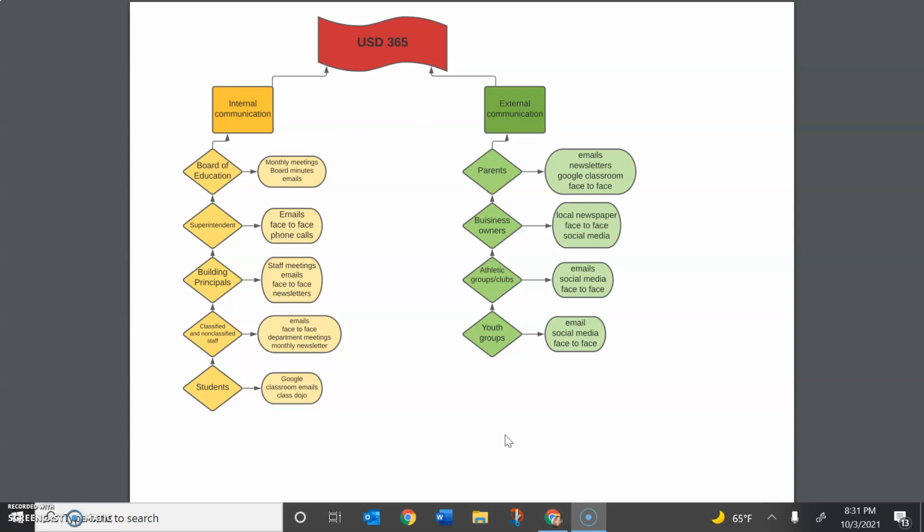Next, we have our building principals. We have several buildings in our district, but they all have the same type of internal communication. We have monthly staff meetings to discuss any events or things that are happening in the school that we need to be aware of. They send out emails so we are aware of things that are happening.